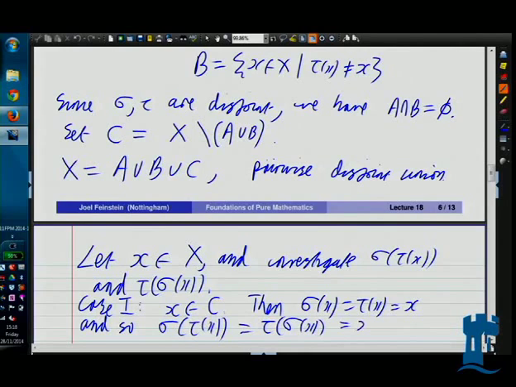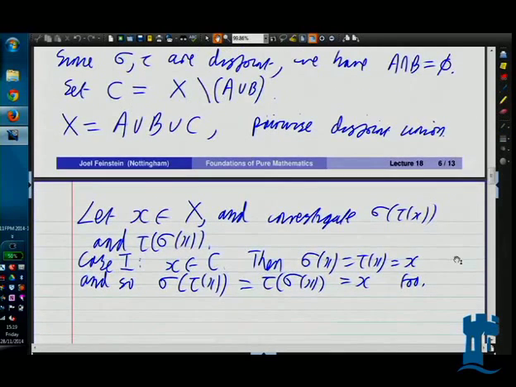So C is pretty boring: neither permutation moves you, and you stay put when you apply both permutations in either order. Now we've got to look at A and B, which are similar, because it's symmetrical between sigma and tau.